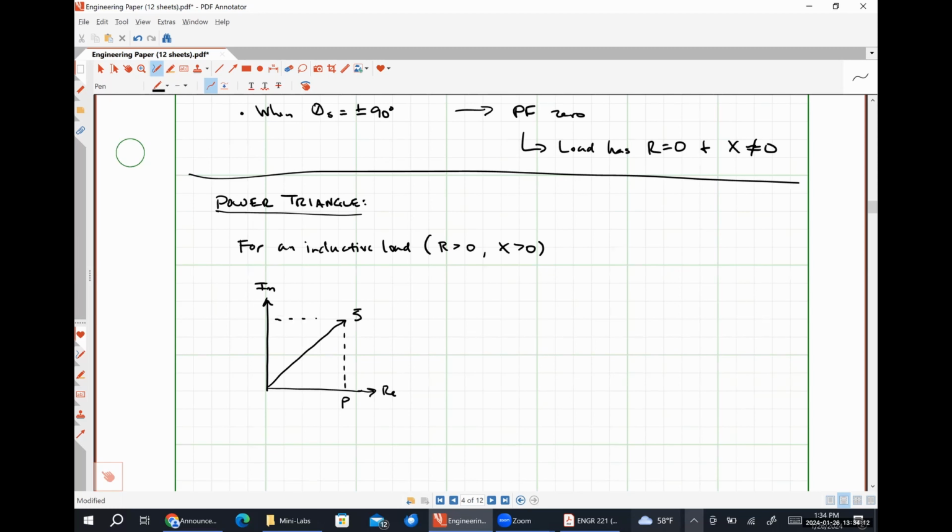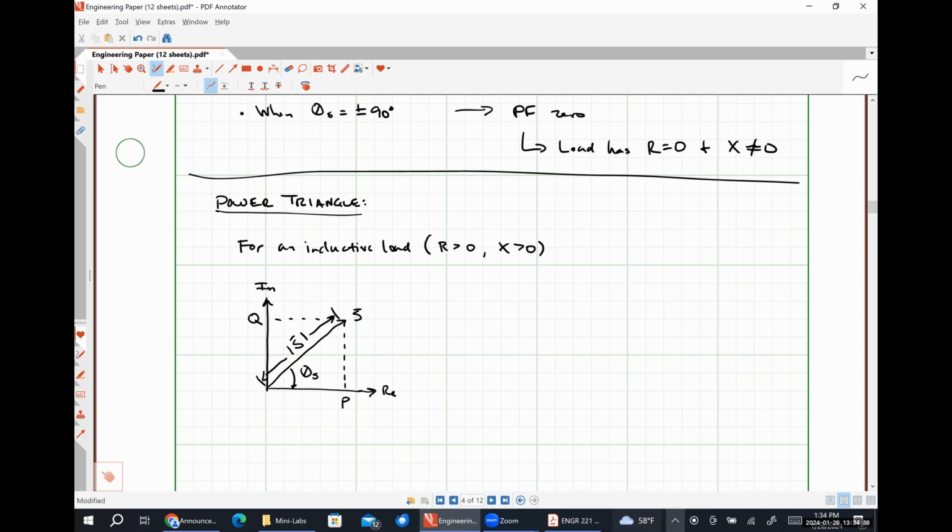The projection onto my imaginary axis is my reactive power. The length of my complex power vector is my apparent power, and the angle formed between my complex power and the real axis is my power factor angle.